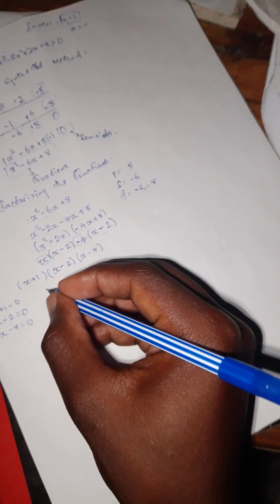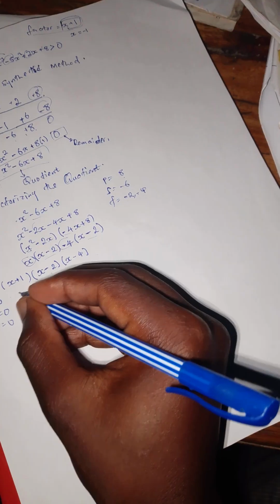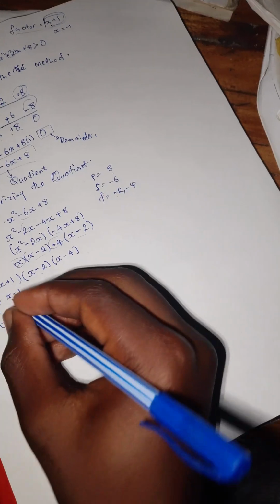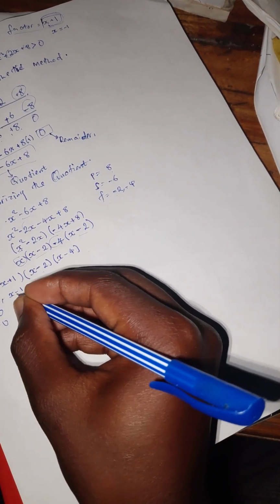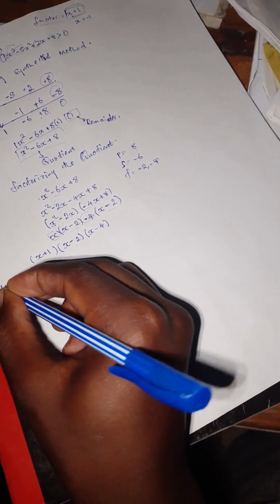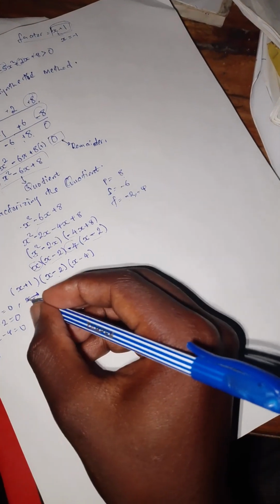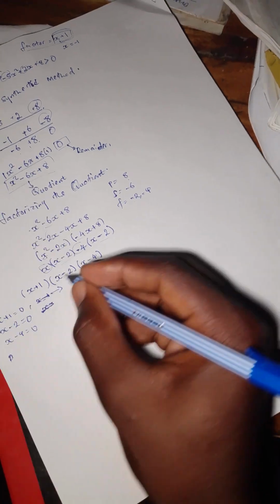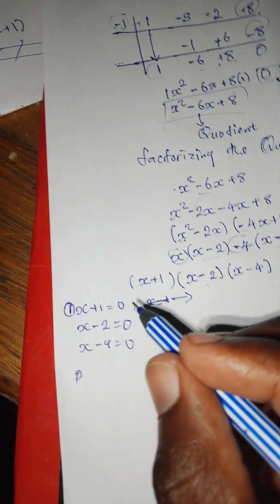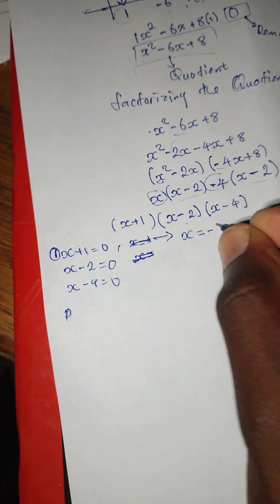So here, when positive 1 crosses the equal sign to become negative, x will be equal to negative 1.